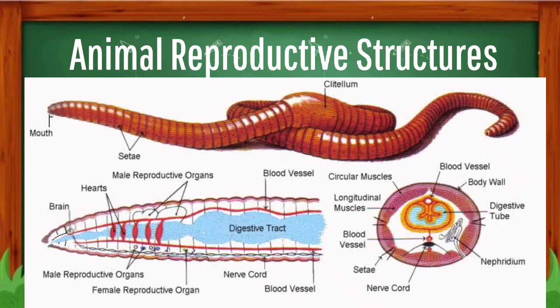Earthworms are hermaphrodites. They have both female and male sex organs in one individual. An individual can produce sperms and eggs, and during mating, either one can provide the egg or sperm that is fertilized.